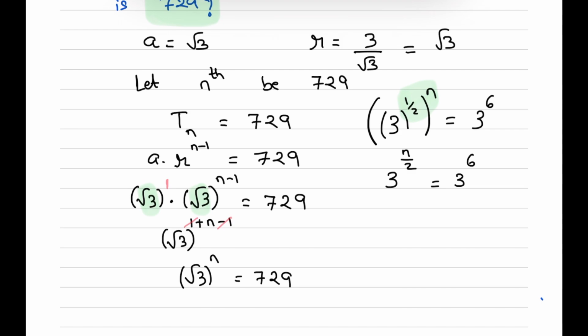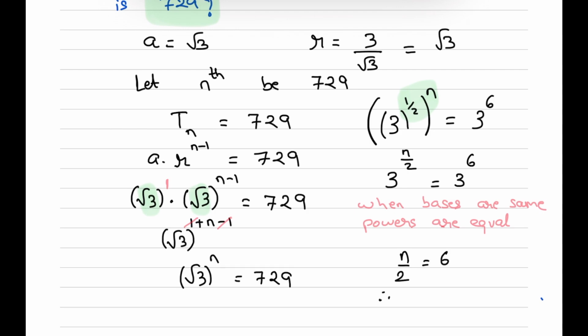And we know that when bases are the same on the left hand side and right hand side in the given equation, it is possible only when their powers are equal. So we compare the powers, we get n upon 2 equals 6.